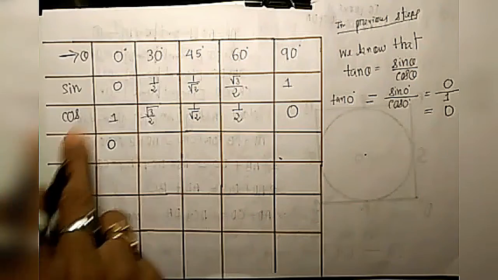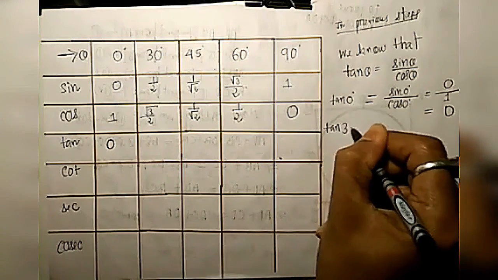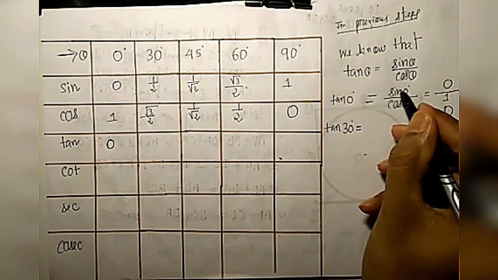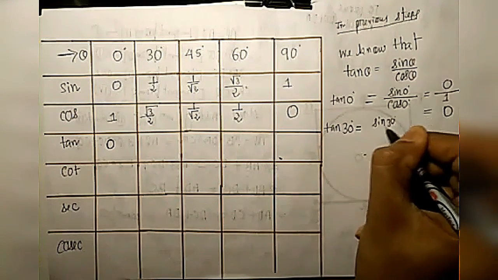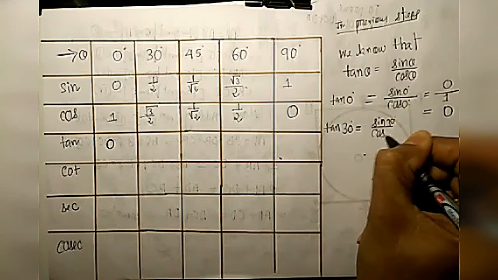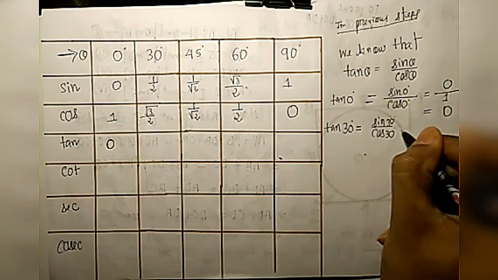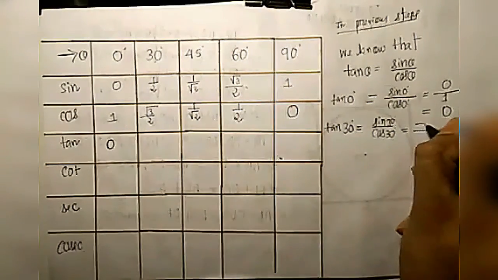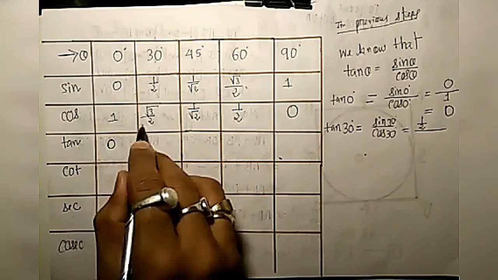Next, tan 30 degree. Exactly the same process: sine 30 by cos 30, replacing theta by 30 degree. What is the value of sine 30? We know it is 1 by 2. Cos 30 is root 3 by 2.